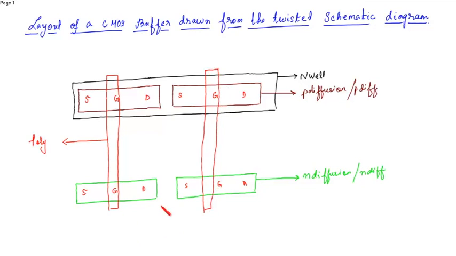So now this is the input. Let's say this is A. So this is the input A. Now the source of the PMOS is connected to VDD. The source of the NMOS is connected to ground. Since these are two inverters, both the sources are connected to VDD.